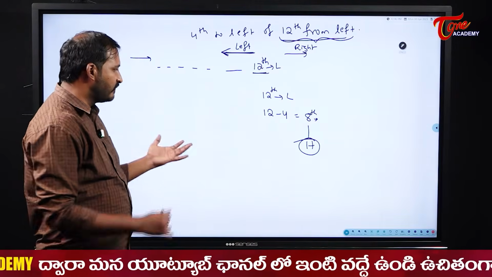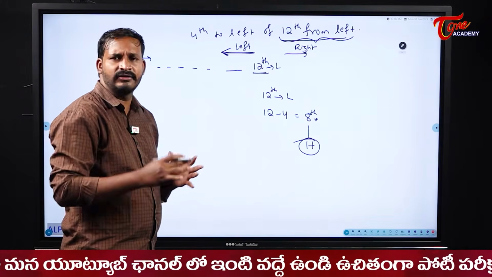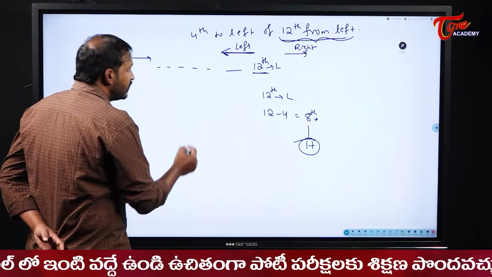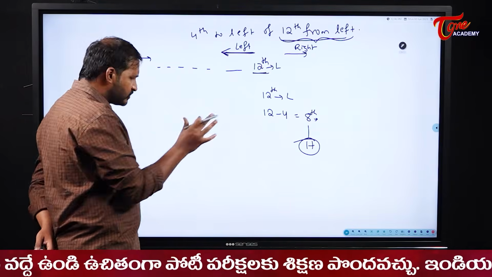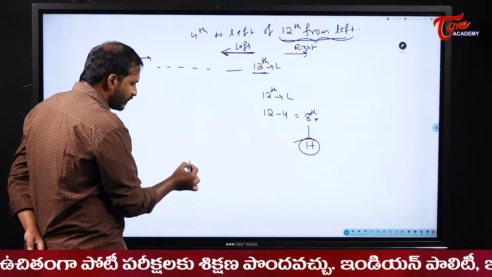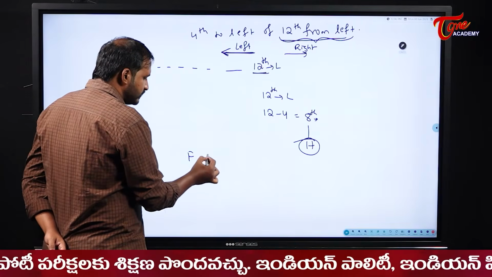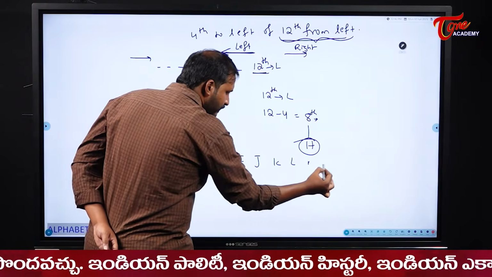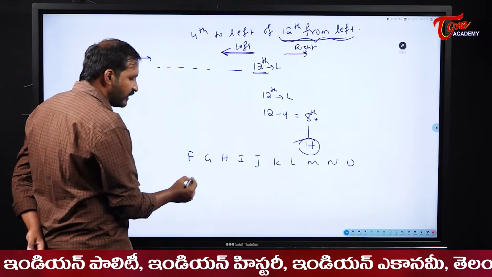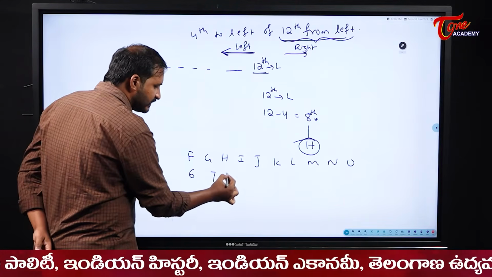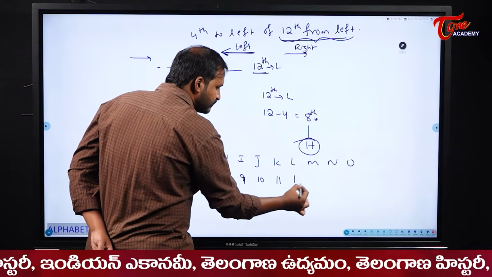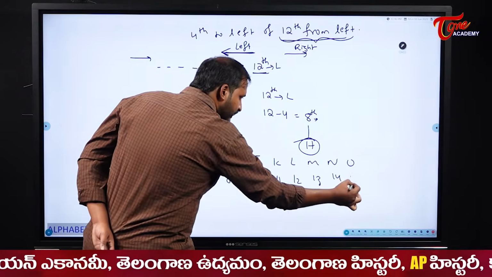Now, sir, why are we doing it like this? We will try to learn it using the alphabet series as a constant. Now, see here. First, I need to find the 12th from left. So, I will make a range: F, G, H, I, J, K, L, M, N, O. I know F is the 6th alphabet, G is the 7th, H is the 8th, I is the 9th, J is the 10th, K is 11th, L is 12th, then 13th, 14th and 15th.